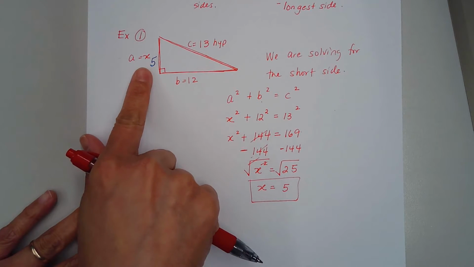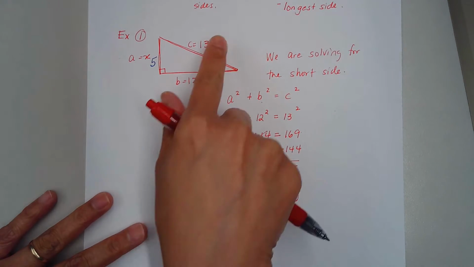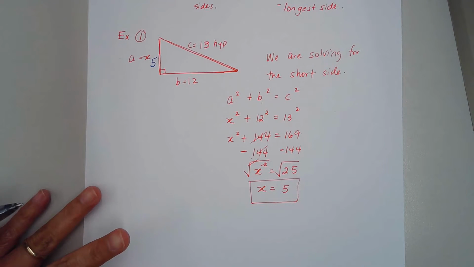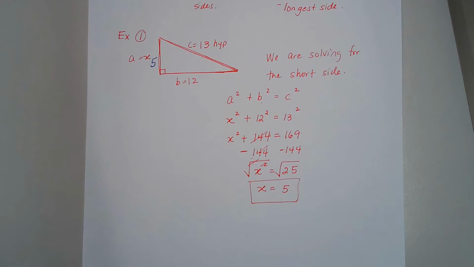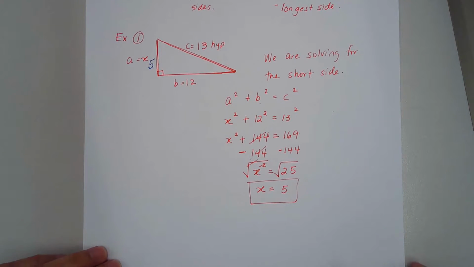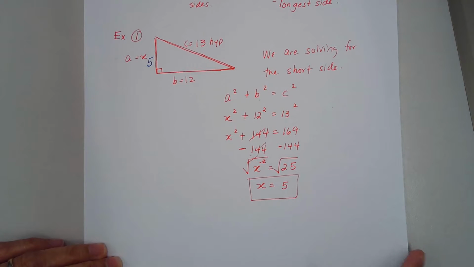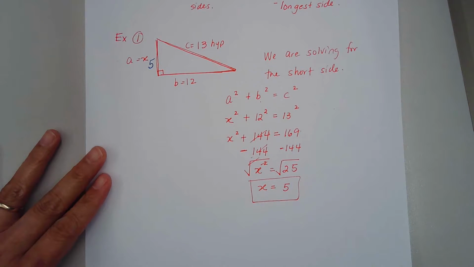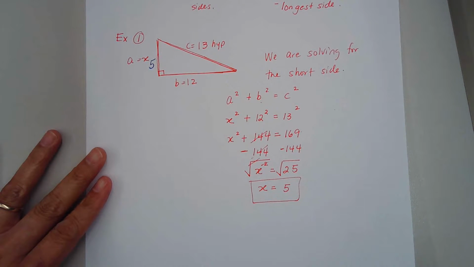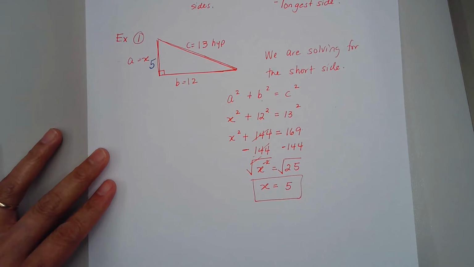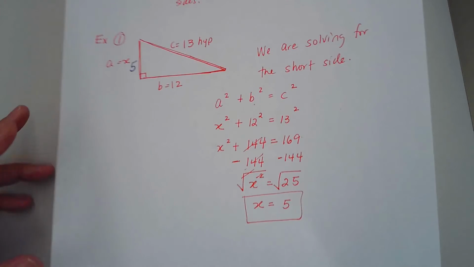So this is 5, this is 12, hypotenuse is 13. A and B are shorter. The hypotenuse is the longest. So x is 5.